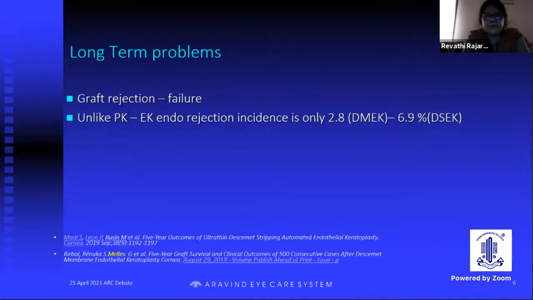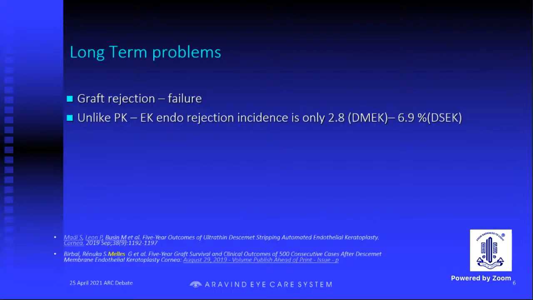The long-term problem of graft rejection we have to keep in mind when replacing the endothelium with donor endothelium. But unlike in PK, endothelial rejection in EK is really minimal. If the patient gets so many benefits, we have to consider this, and we can manage rejection as soon as possible.